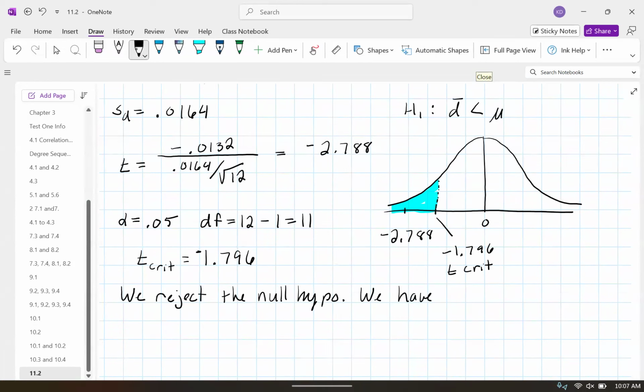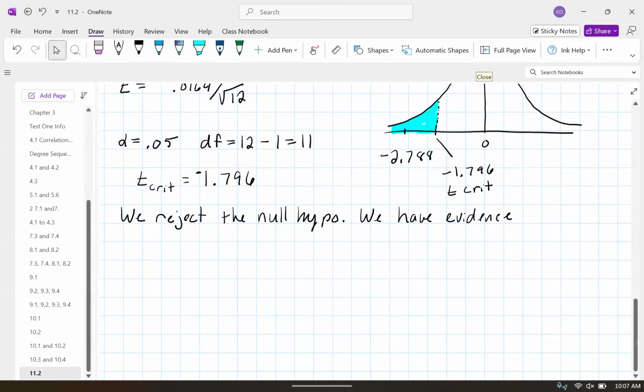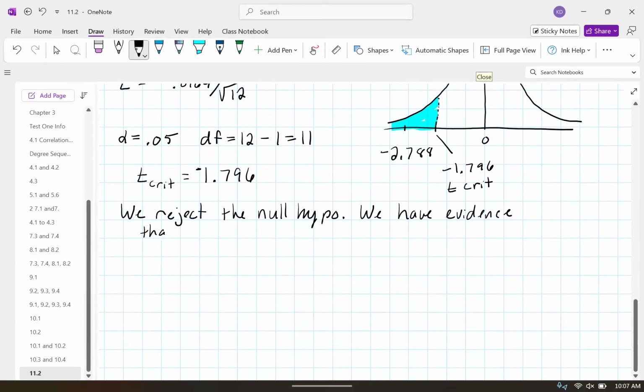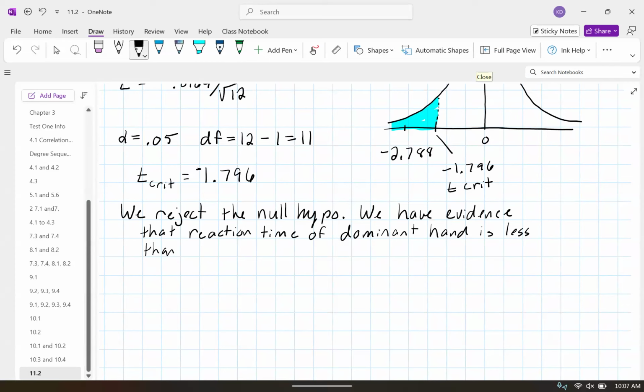Evidence that the reaction of the dominant hand is less than that of your non-dominant hand.